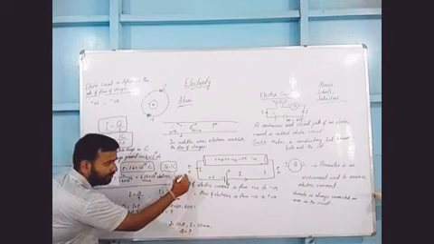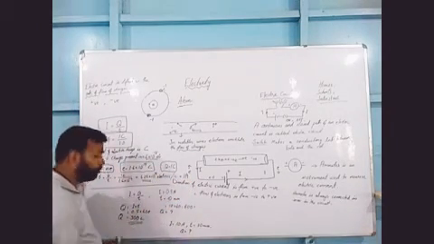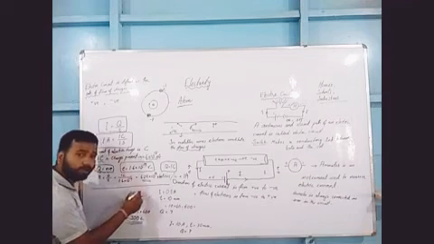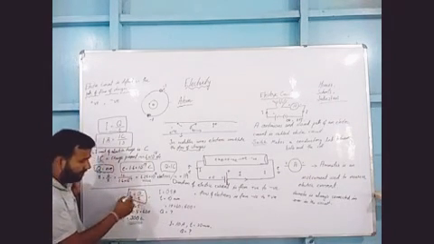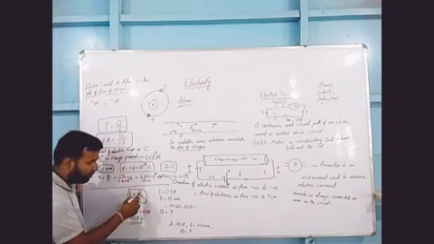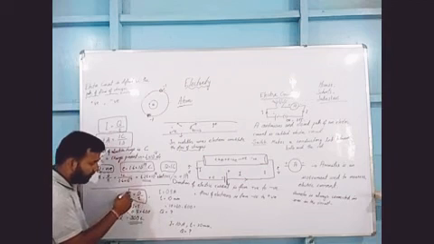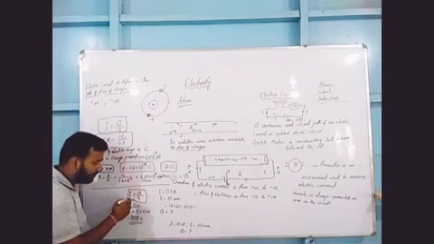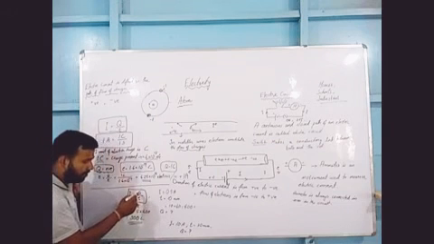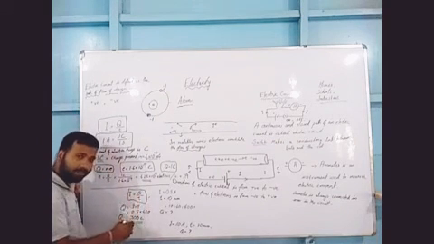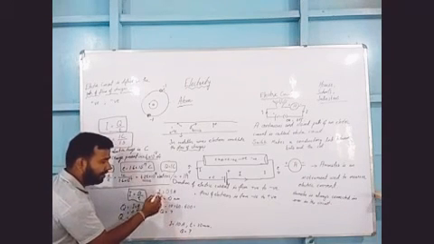Using this equation, I is current, Q is electric charge and T is time. Electric current we can define as the rate of flow of charges, that is Q divided by T. Suppose in the question the current is given, I is equal to 0.5 ampere and T is equal to 10 minutes.